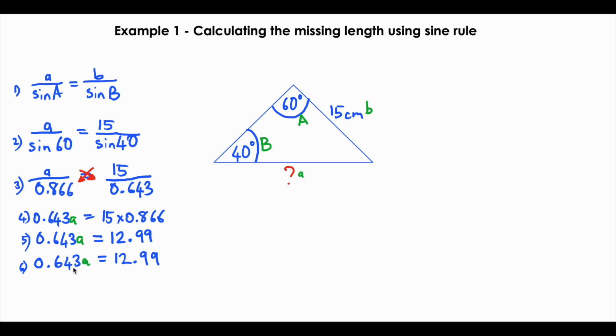Okay? So, how do I get the A by itself? What is being done to the A? A number is being multiplied to it. So I have to do the opposite of multiplication, which is what? Division. Excellent. So I divide both sides by 0.643.